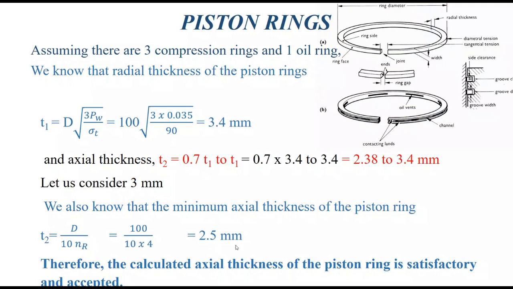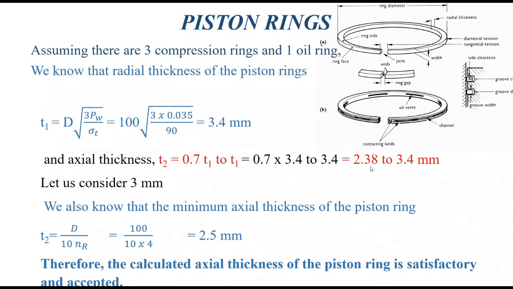So this would be the minimum axial thickness, but we have calculated it as 2.38 to 3.4. If we take 2.38, it will not satisfy this condition. So we cannot take 2.38.